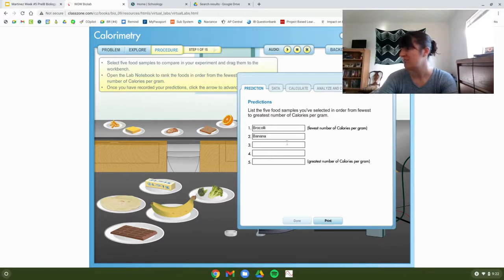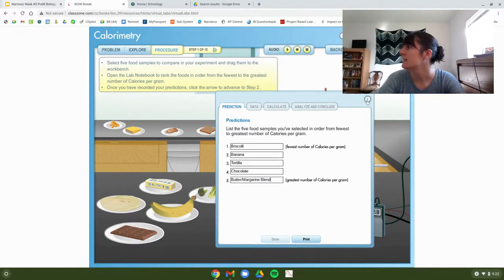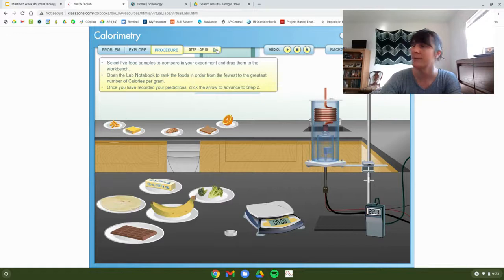Let's see. Maybe tortilla. I don't know, maybe chocolate next. It's just my guesses. And then maybe butter. Oh, it's margarine blend. Okay. Let's close that for now and go next.